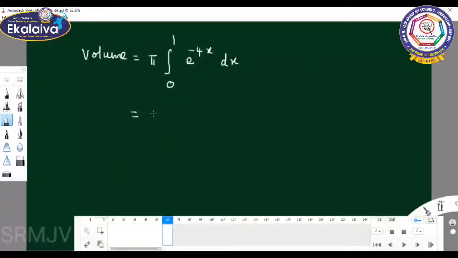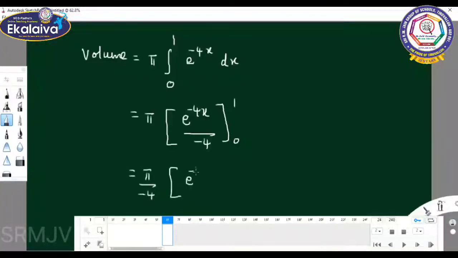Pi into e power minus 4x divided by the coefficient of x, limit 0 to 1. It gives pi by minus 4, upper limit minus lower limit.